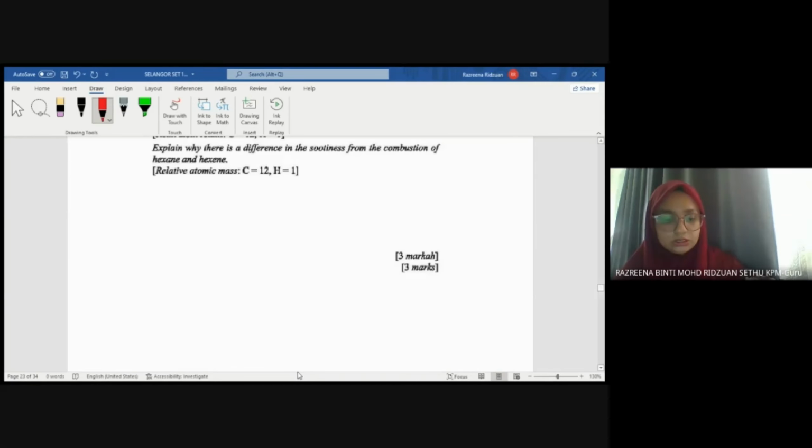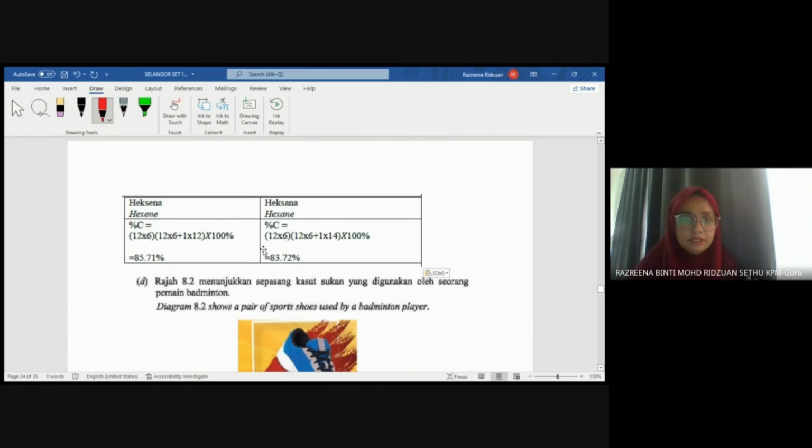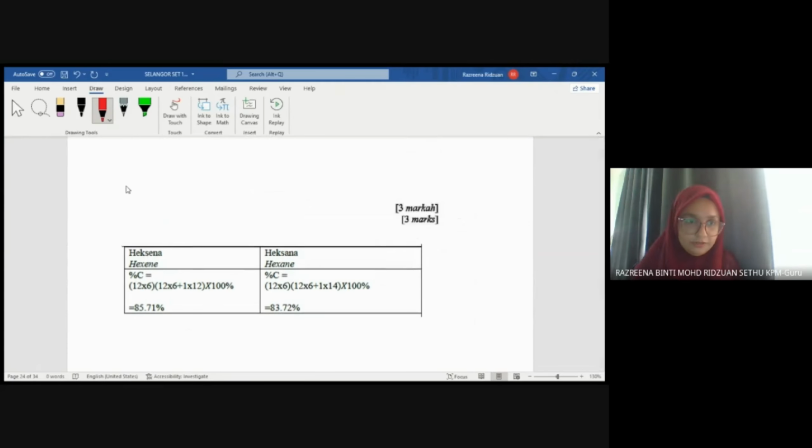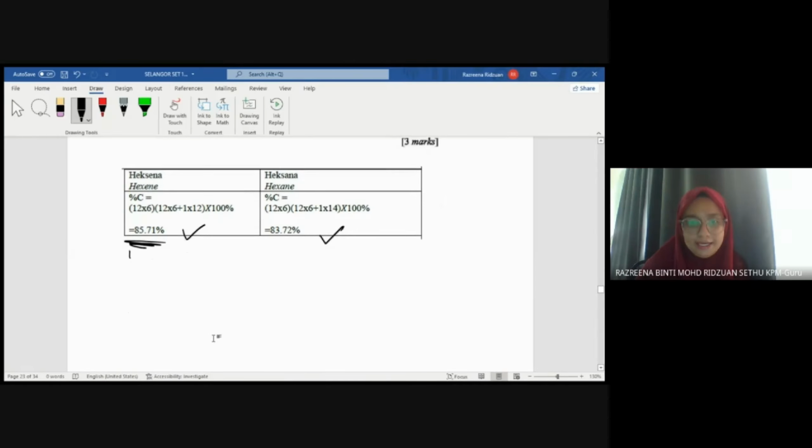But the total molar mass here is different. So for hexene, 12 times 6, and then you divide by 12 times 6 plus 12. So you get hexene 85, hexane 83. So you can say the percentage of carbon by mass of hexene is higher than hexane.